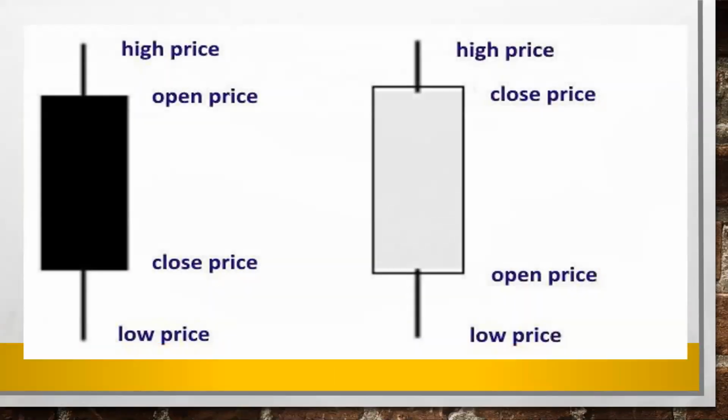So these are the type of candlestick patterns. Explaining what we had, we are saying that if it is a bullish candle, it is usually colored green, which shows that price opened at a certain price level and closed at a certain price level at a certain period of time.